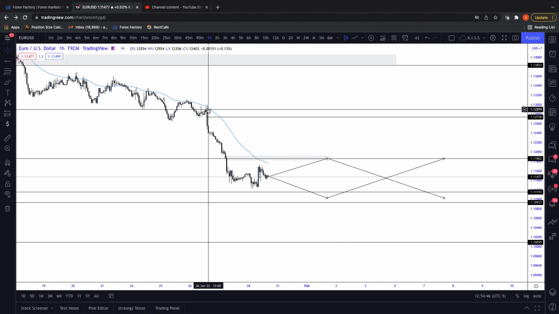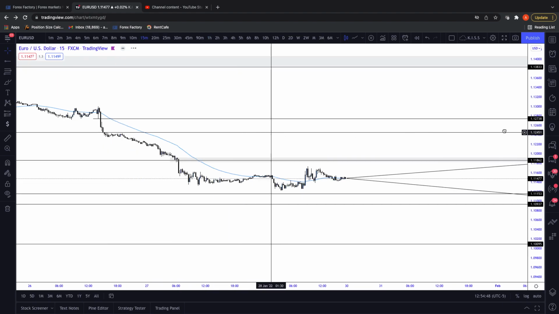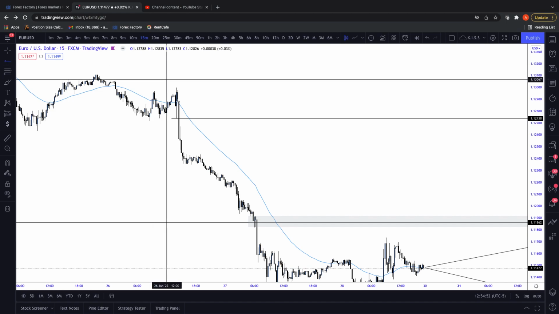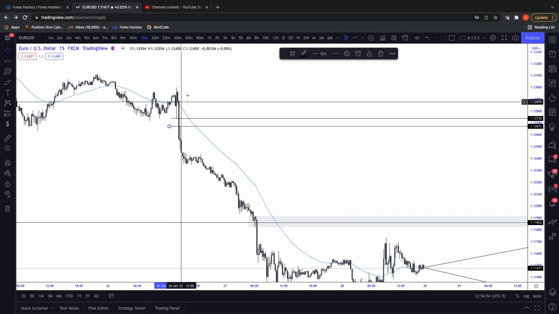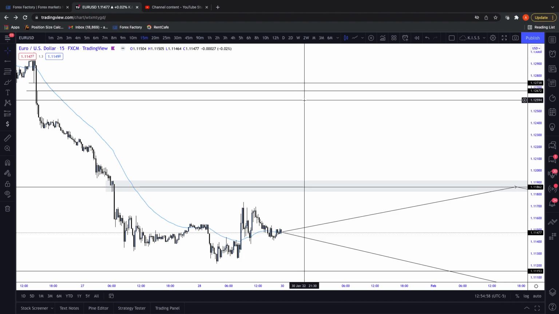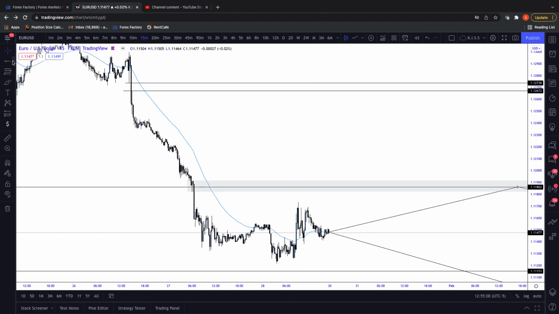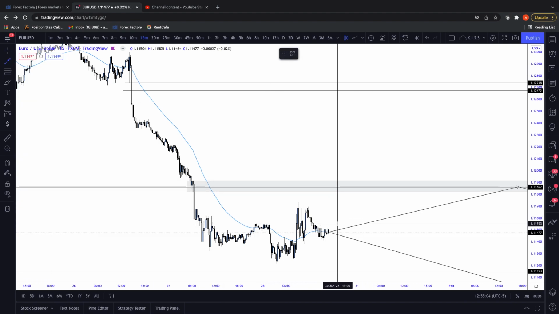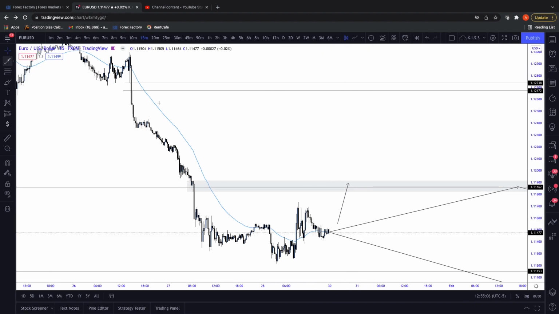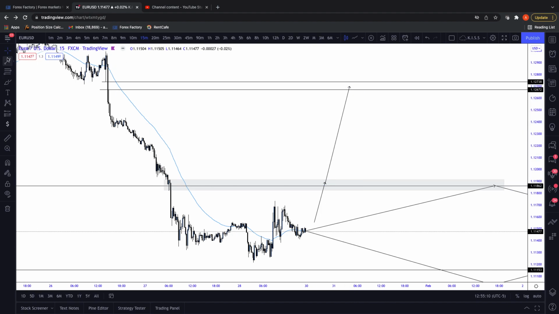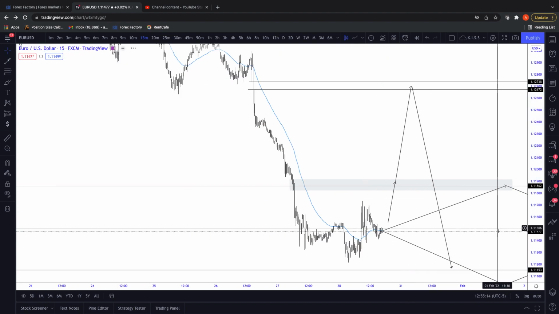Now, if we do pop up further, I could see us running up into our inefficiency here where we had that manipulation on the lower time frames, and you can see this bit of inefficiency here. If we do breach this level running up, then I would expect price to be attracted to this inefficiency, and then we can look for a higher premium to sell this again.